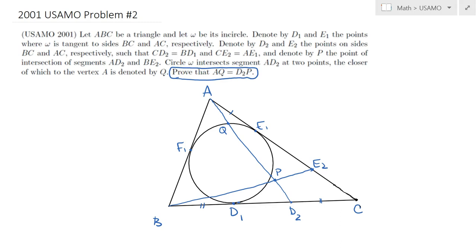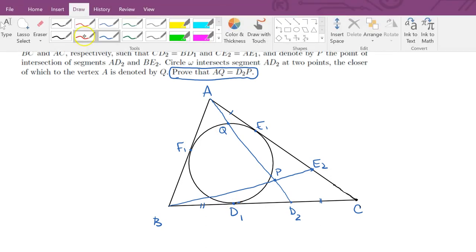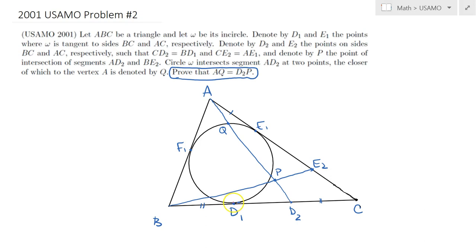This is a very well-known configuration, namely that the location of Q is given by the diameter of the incircle lemma, popularized by Yufei Zhao. It turns out that D1Q is the diameter of the incircle.